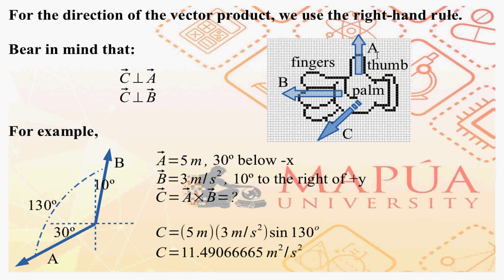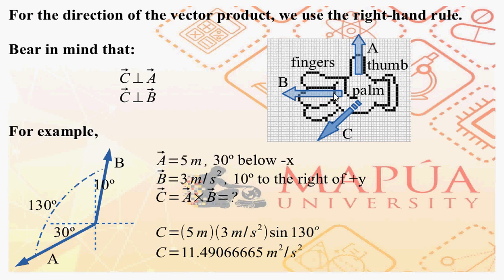So first vector is A, so point your thumb in the general direction of vector A, of the first vector. And then the rest of your fingers, point them in the general direction of the second vector. In this case, vector B.